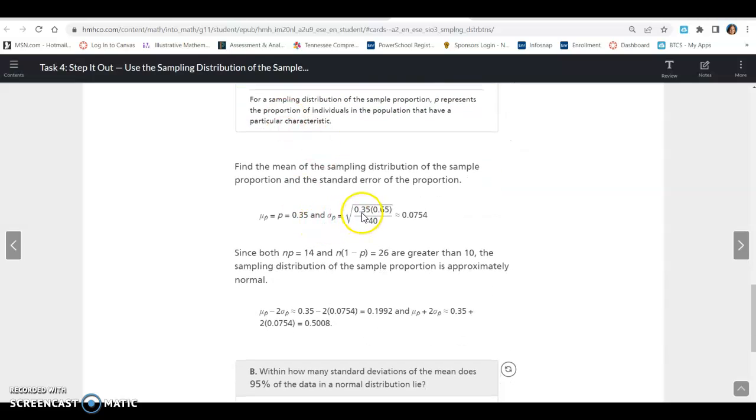Our successes was 35%. 1 minus 35% is 65%. So we're going to multiply those, divide it by 40, and take the square root of that whole thing. That's going to give us about 0.0754 or 7.54%.